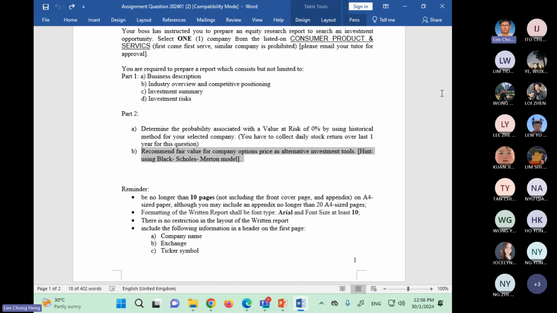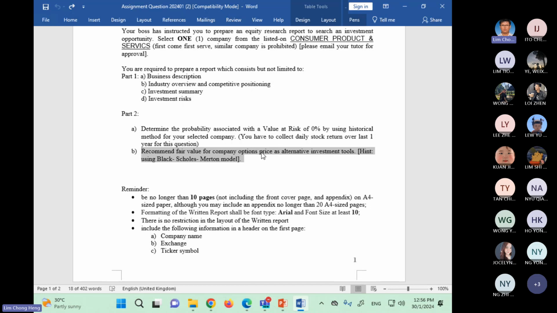Option is cheaper. So when the underlying asset price increases, the option price will also increase. So your assignment 2B is to calculate the alternative investment opportunity for me. That means if your company has 10 call options, you need to calculate all 10.